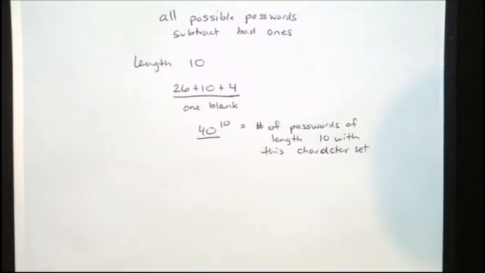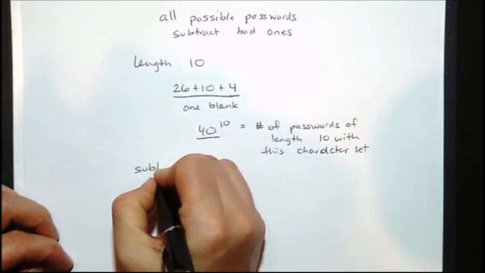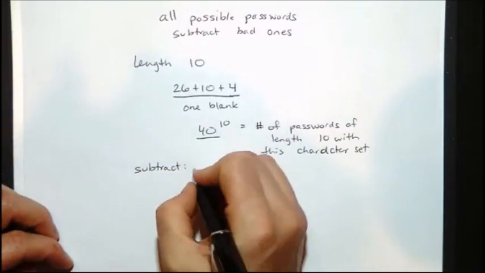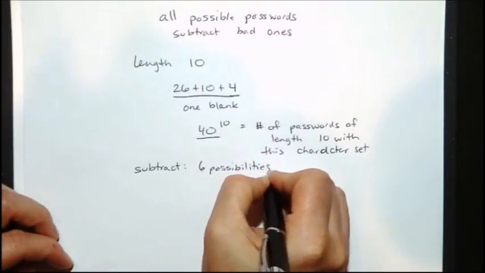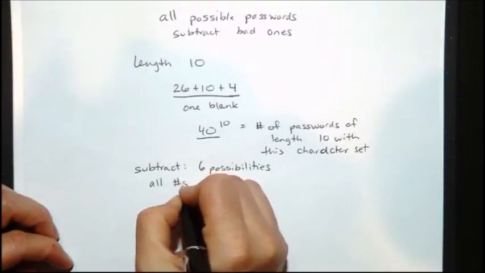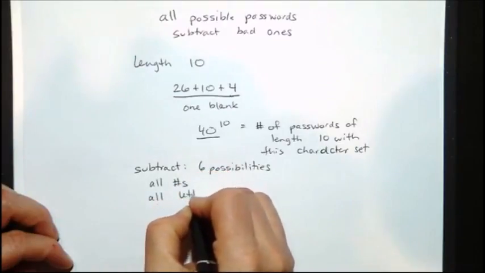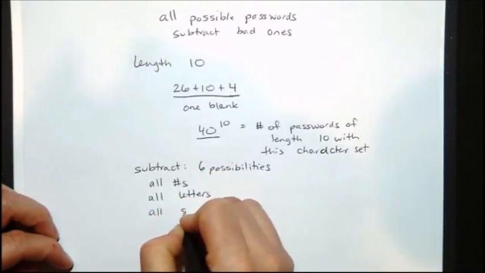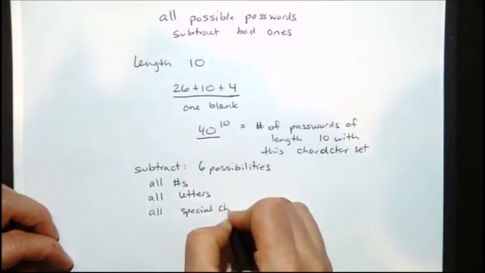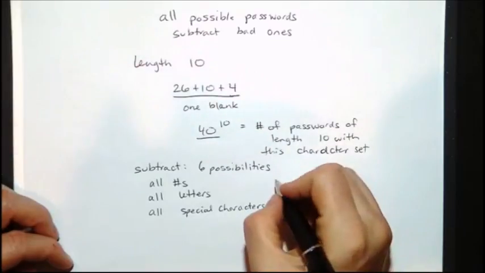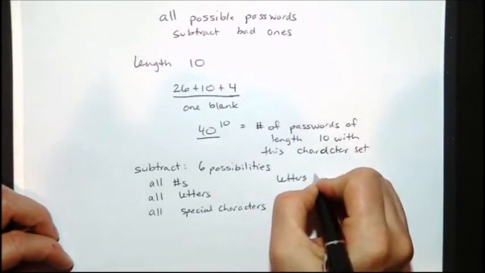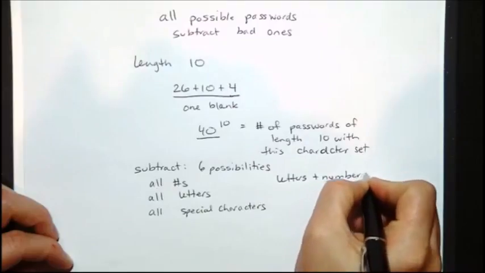Okay, what kinds of things do we have to subtract off? So if we have all numbers, if we have all letters, all special characters, if we have letters and numbers only, right?